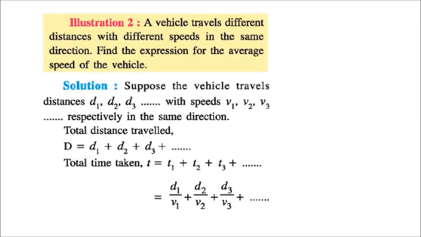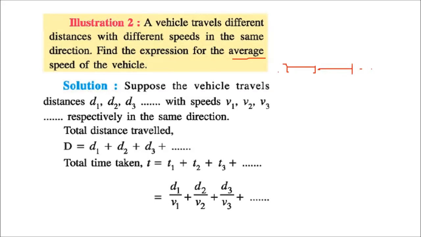So a vehicle travels different distances with different speeds in the same direction. Find the expression for the average speed of the vehicle. Please understand, we have been asked about the average speed. So suppose the distances it travels are d1, from here to here d2, like this.